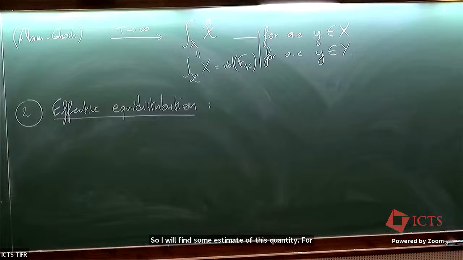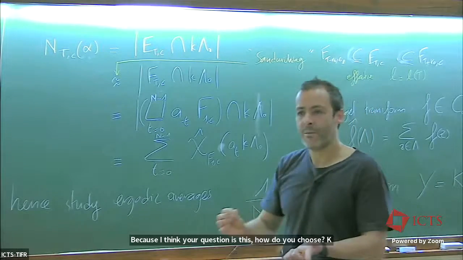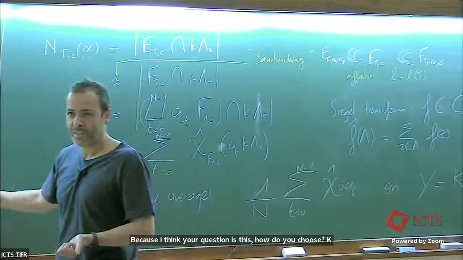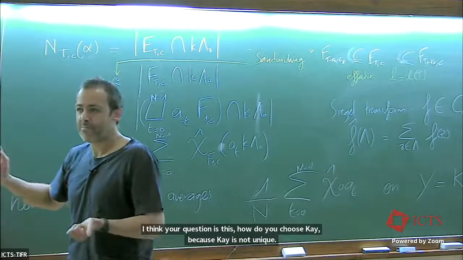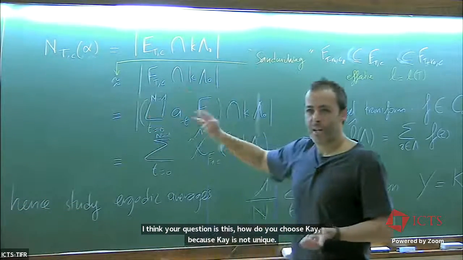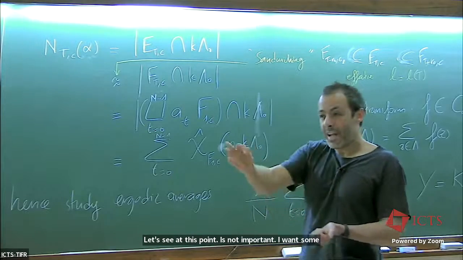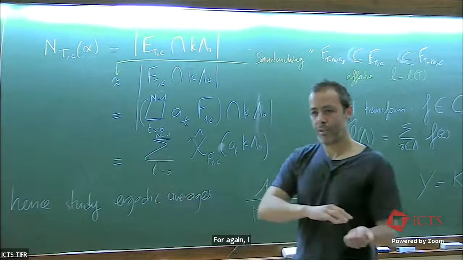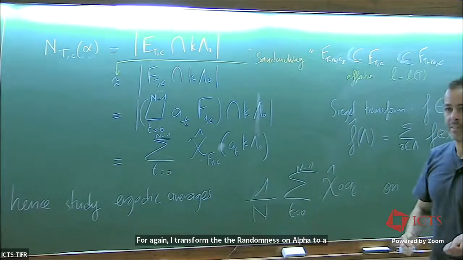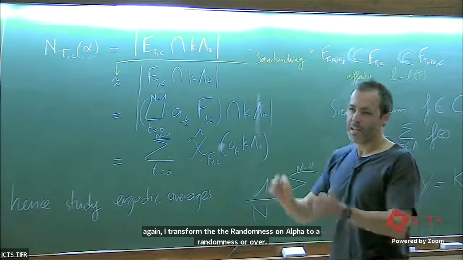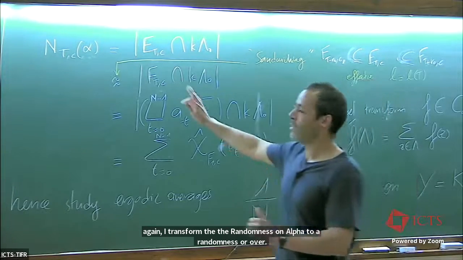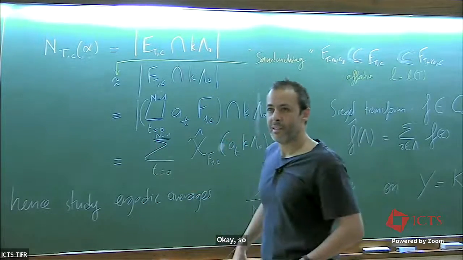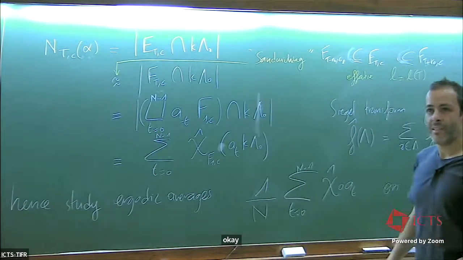Because I think your question is this: how do you choose K? Because K is not unique. That at this point is not important. Again, I transform the randomness on alpha to a randomness over K. So you just pick any K. Any K. And then you use the usual stable, unstable direction. Exactly.